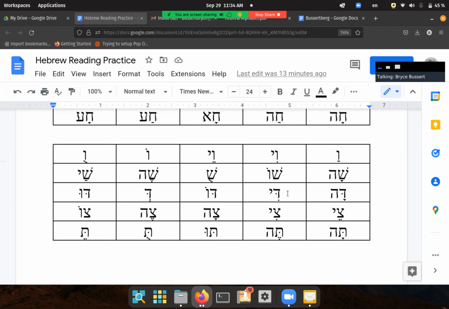Next is D. Then we have do. I'll get this dot fixed so it's right on top. Then we have d. Just shva, just the smallest little d you can get out. After that, we have do.